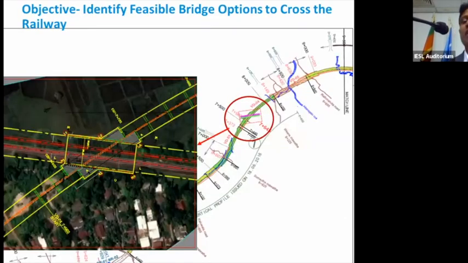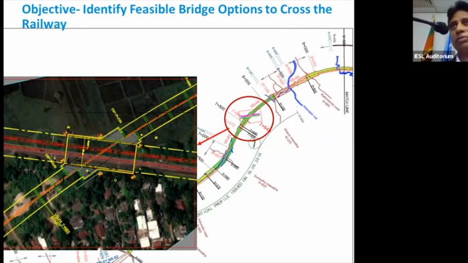Now, what is the objective here? Any trace that you come across is not a straight line. It needs to go through certain bends, depending on the EIA and other requirements. At that particular location, the main trace crosses the railway at an angle.